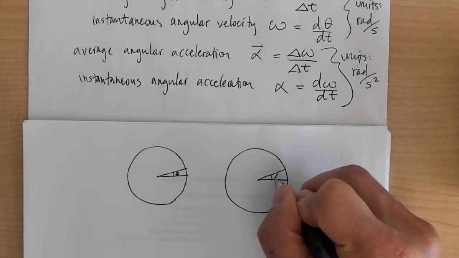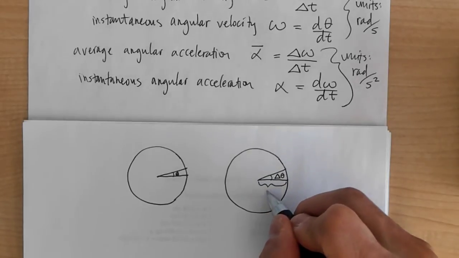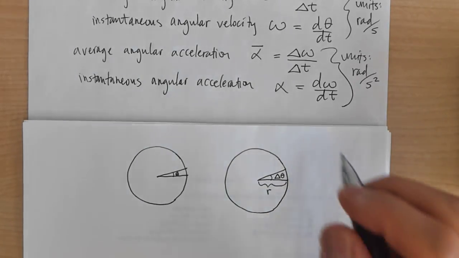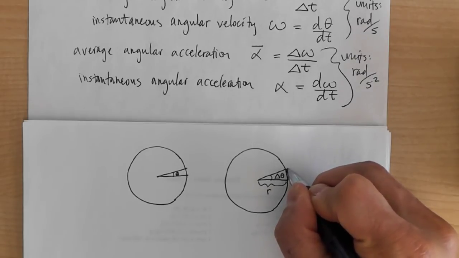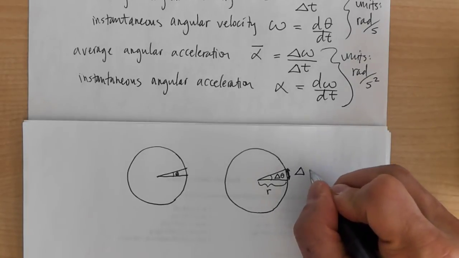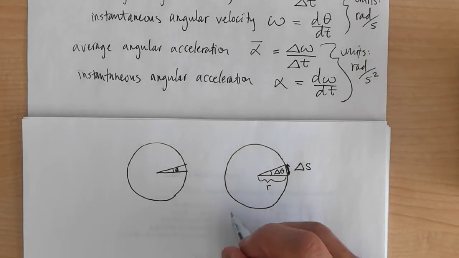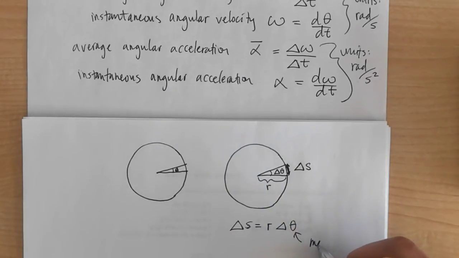In fact, let's call it delta theta. And this is the radius r. Then this arc length here, how long this arc of the circle is, we call delta s. There's a very simple formula that delta s is equal to r times delta theta, where this is measured in radians, not degrees.